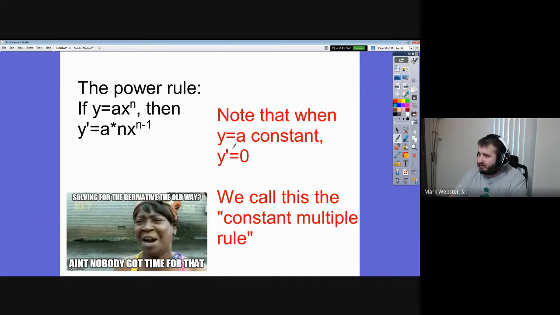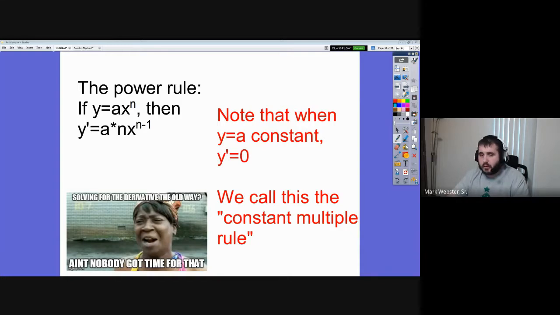Because remember, the derivative is the slope, right? If the numbers are the same all the way through, it's a horizontal line, so the slope is 0. Remember we talked about horizontal line means the slope is 0? And so, like, the power rule, and the book that we have refers to this as the constant multiple rule. I just wanted to make sure that was in our brains here.